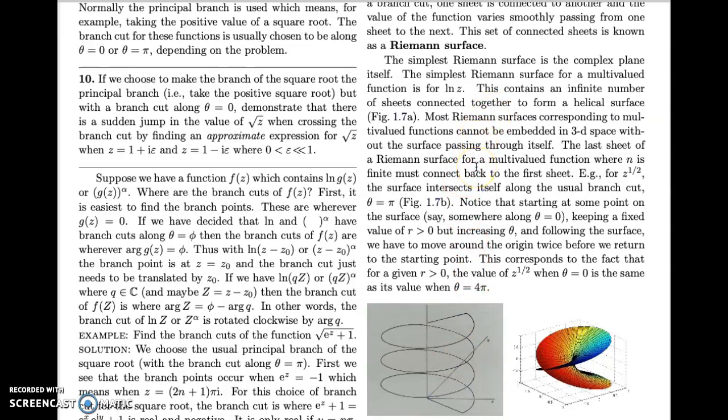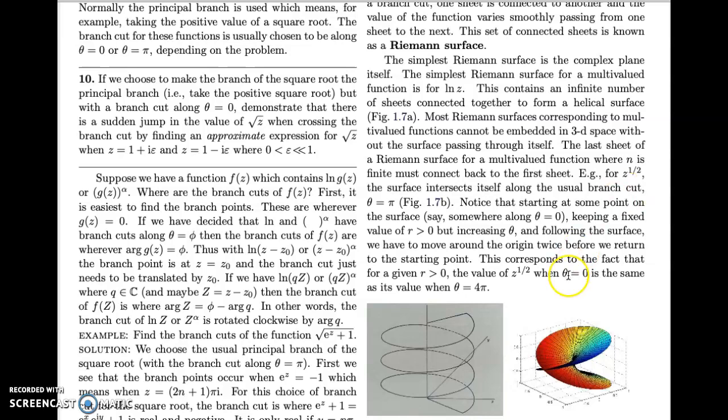Now, the reason why Riemann surfaces generally can't be viewed properly in three-dimensional space without the surface sort of artificially passing through itself is that the last sheet of the Riemann surface must be connected back to the first sheet. So for example, for the Riemann surface for the square root of z, z to the half, the surface will intersect itself along the usual branch cut, theta equals pi.